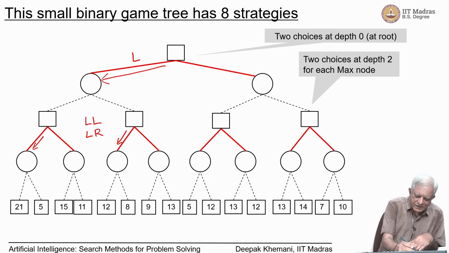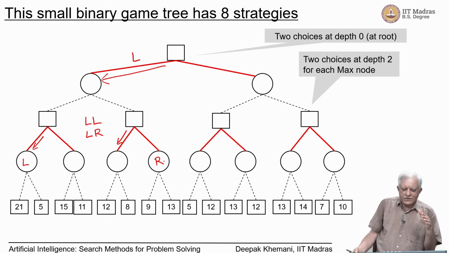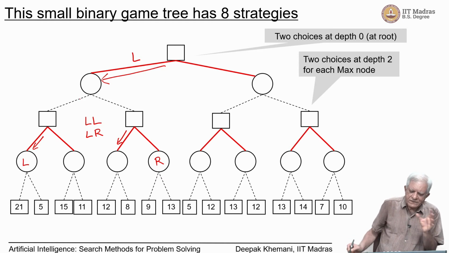So, let me label it like this. If this is L and this is R. So, LR means the left choice on the left subchild. There are two children for min, remember, and for each of them max has to decide as to what is the move that max will make if min were to choose any of those 2 moves.